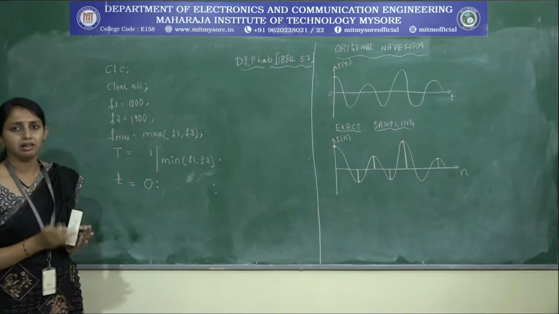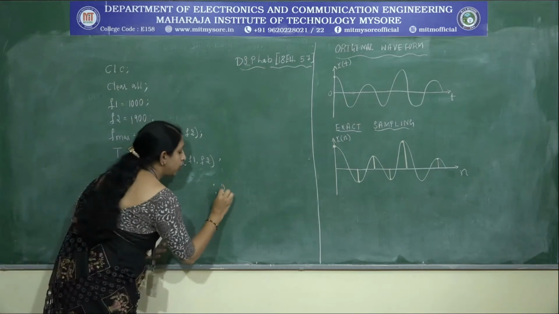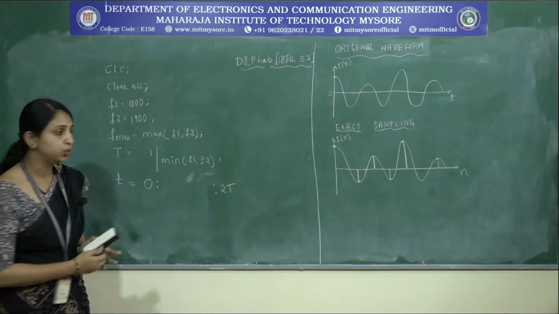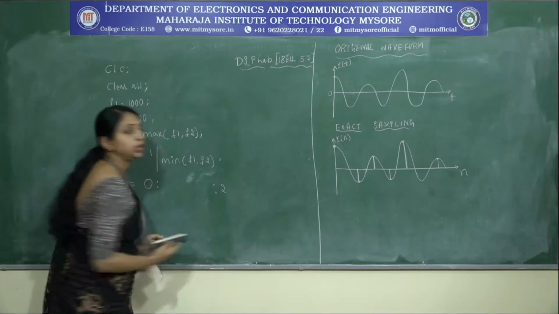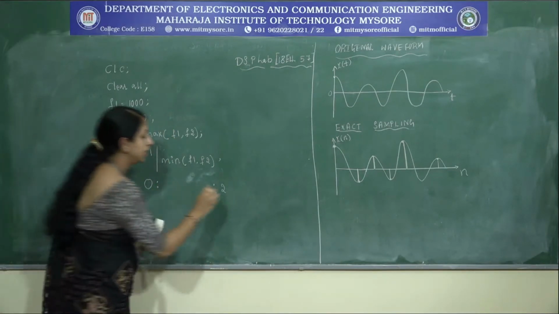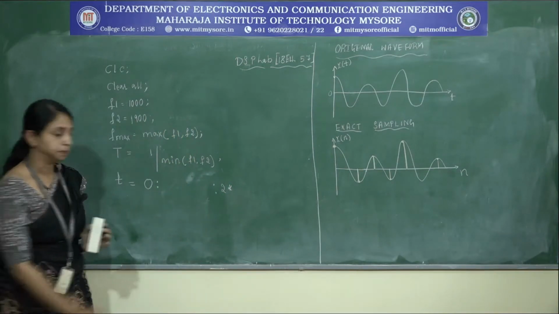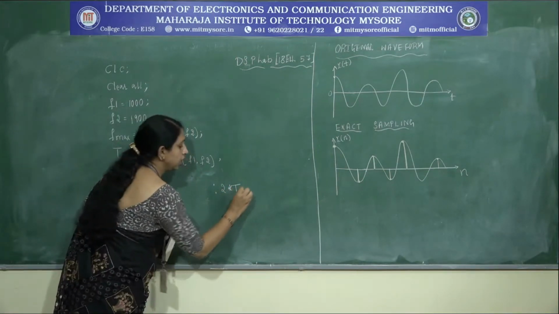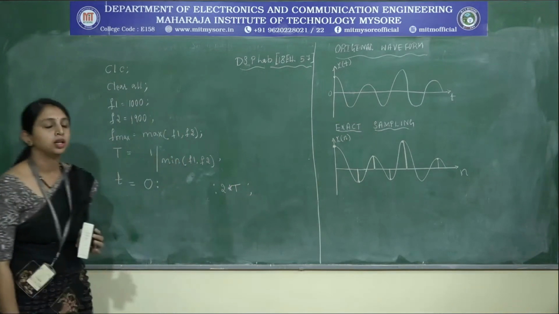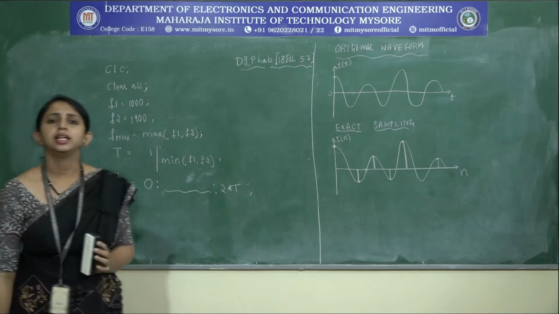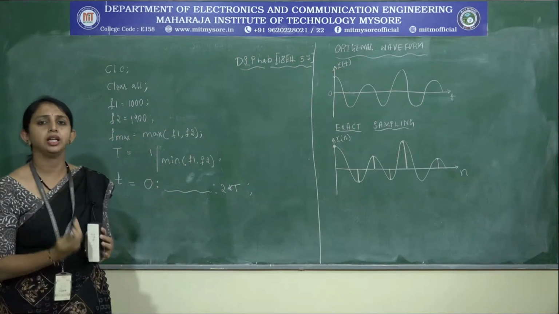I'll take the ending value as twice the time period value, 2 into, and the into in MATLAB is indicated by the star operator, 2 into capital T. What is our intermediate value here? The intermediate value will be the scaling factor.